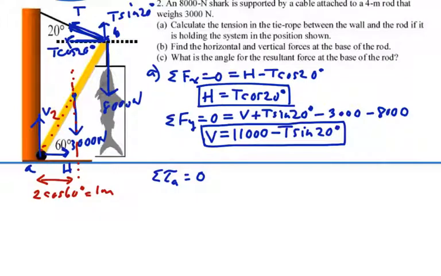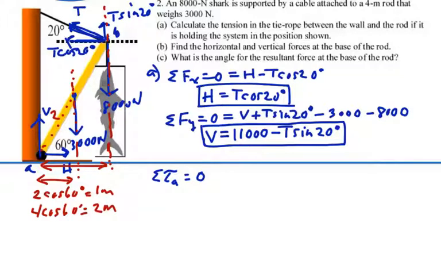And then we have the shark force and the T sine 20, and the line of action is this vertical line, and its moment arm is 4 cosine 60, which is 2 meters.